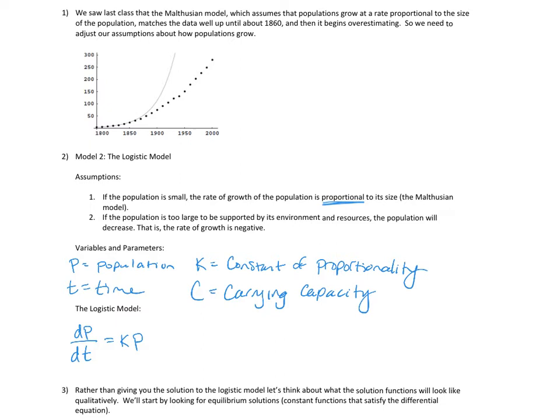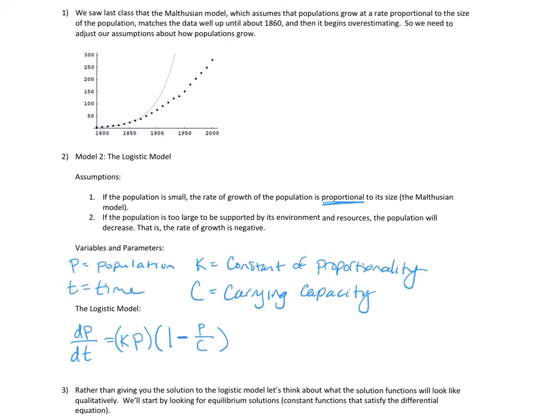So to change it to negative, I could introduce a new factor, multiply by something. And I want that something to be negative sometimes and positive sometimes. So I want it to be negative when the population is larger than its carrying capacity. One way that I could do that is I could put the population divided by the carrying capacity. And when the population is larger than the carrying capacity, that fraction will be bigger than 1. So if I do 1 minus that, I get the negative factor I'm looking for.